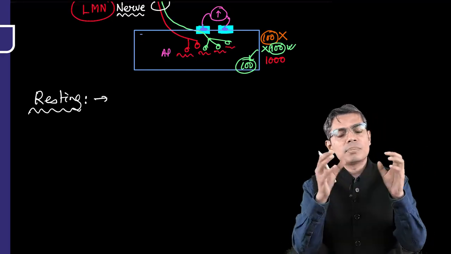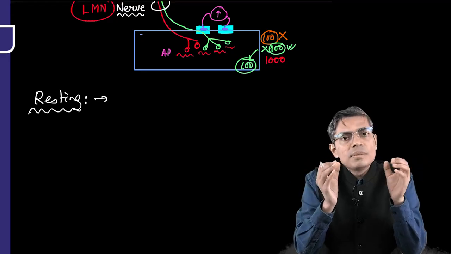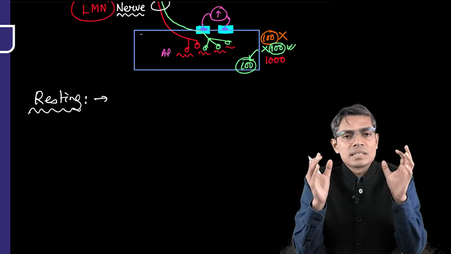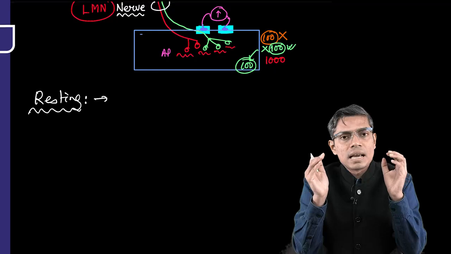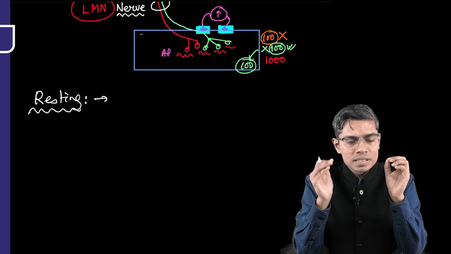Because some of the motor units and some of the muscle fibers are active, there will be a partially contracted state of the muscle even in the resting condition, and that is known as muscle tone. So what is muscle tone?